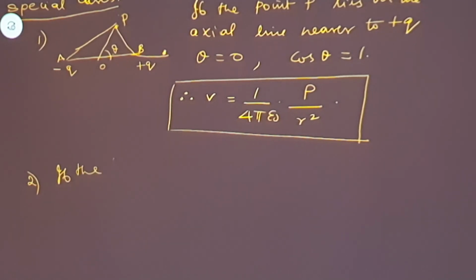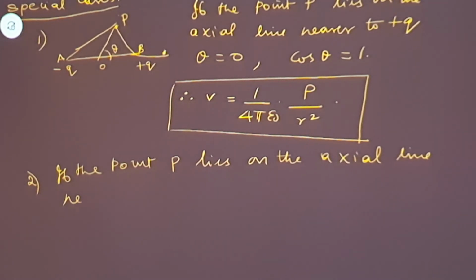If the point P lies on the axial line nearer to minus Q, then theta will become 180 degree, isn't it?